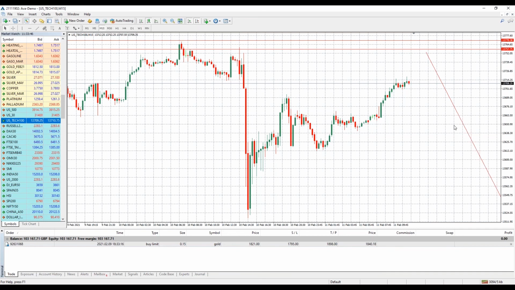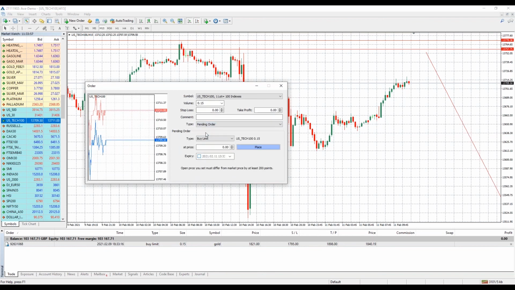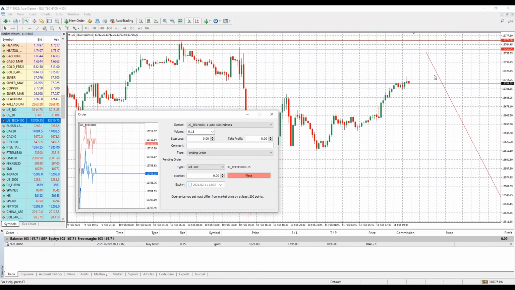Until they know for sure that this stimulus has passed. So if I wanted to do a pending sell stop then, or sell limit, pending order, sell limit sells from a higher point than it is now, okay? So I could program to sell from 13,755, something like that.